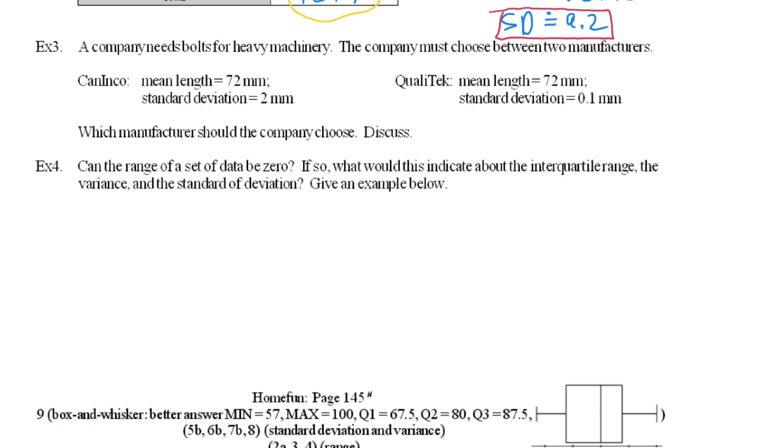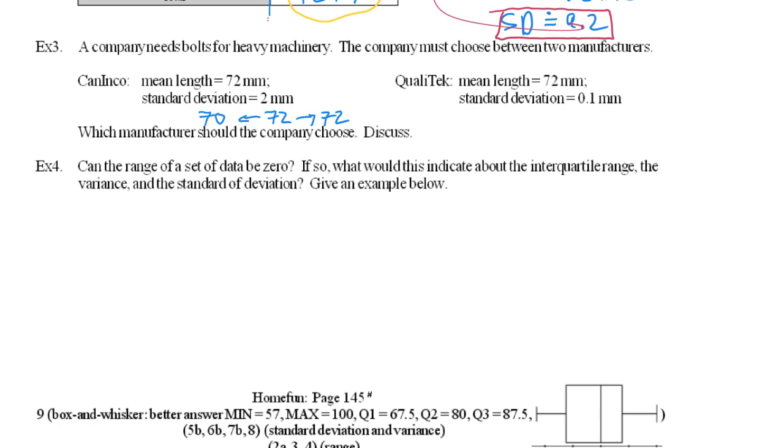When they say that the mean length is 72 and the standard deviation for Clanco is 2 millimeters, it means this. It means that I have the following. I have 72 in the middle, and this standard deviation thing means I can go up to 74 and down to 70. So it's like I can add that standard deviation.